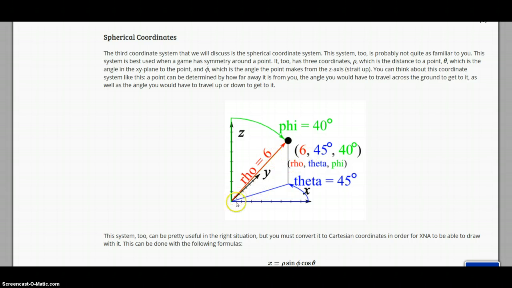Rho represents the distance in the x and y, theta represents the direction from the current point, and phi represents the height angle to that point.